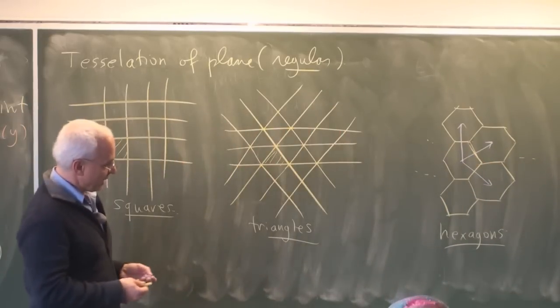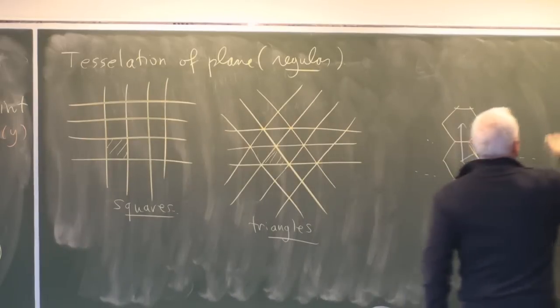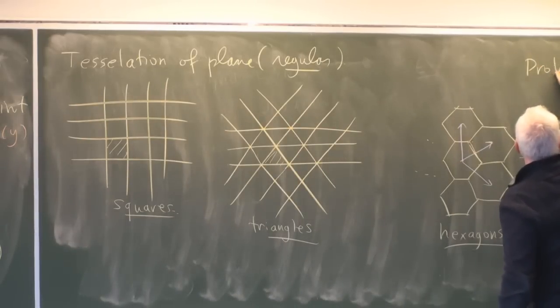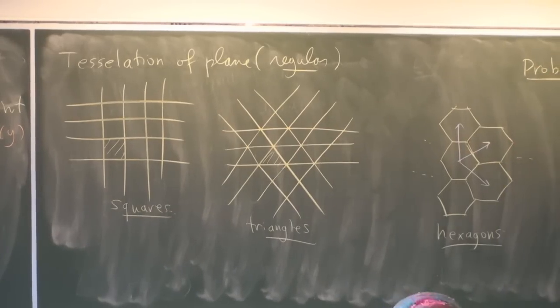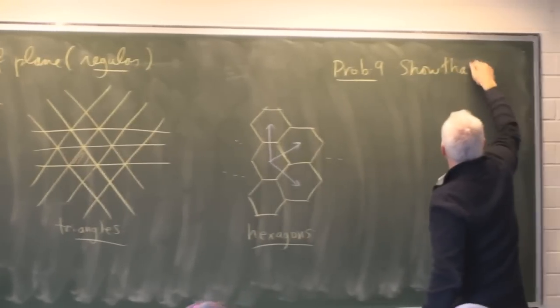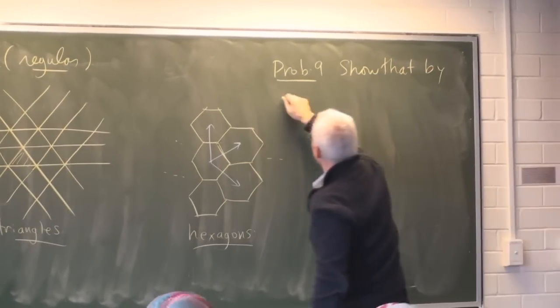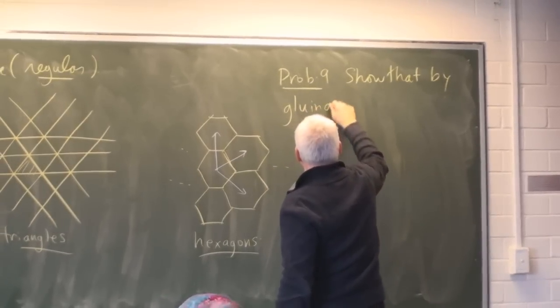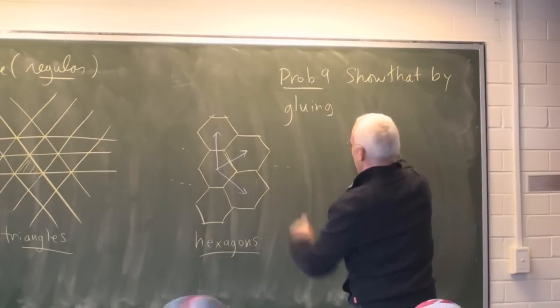So one thing that we could do is look at this. Problem 9: show that by gluing, okay, here's our hexagon. I'm just going to take one of these copies.